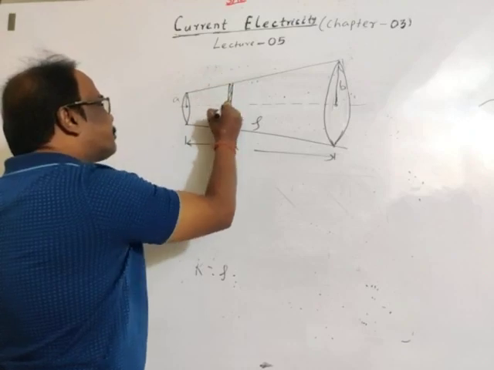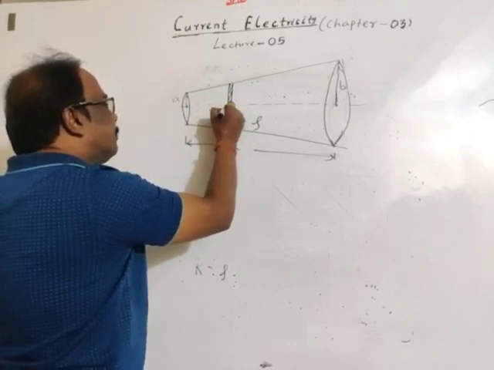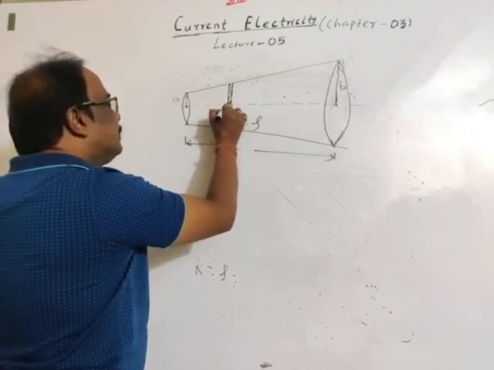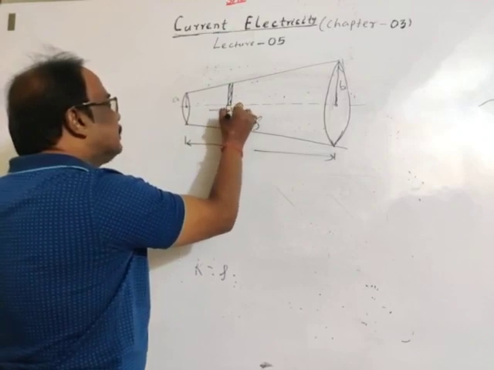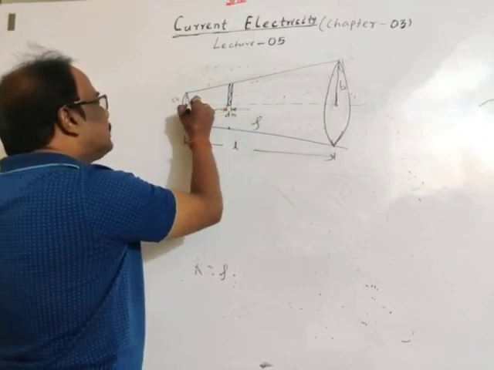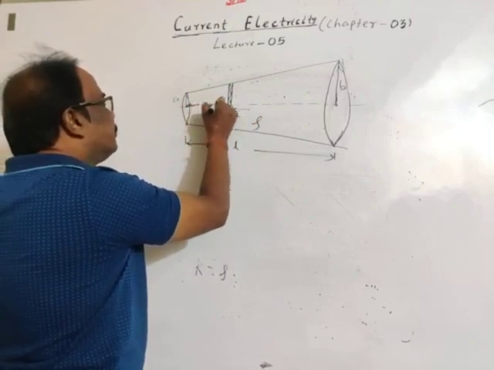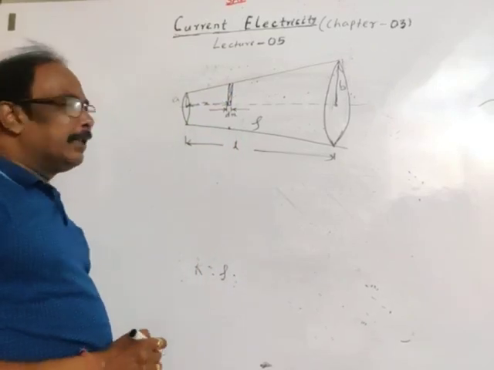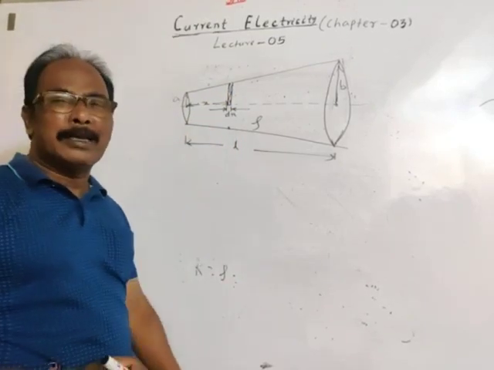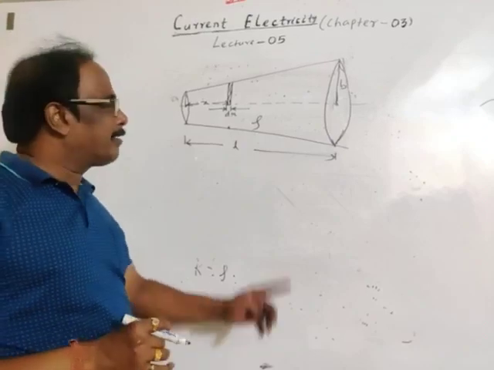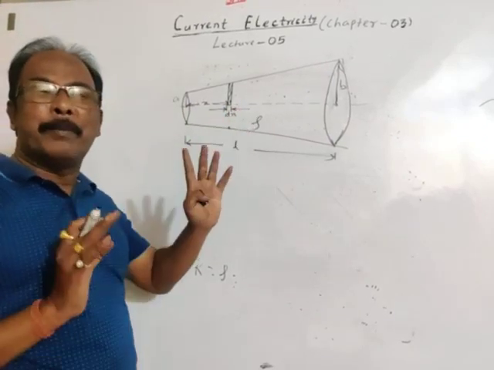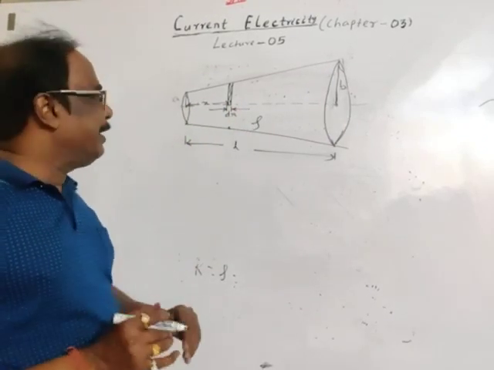Let the thickness of this thin section be dx, and this is at a distance x from one end. Let's consider an elemental section of thickness dx at a distance x from one end. Okay?